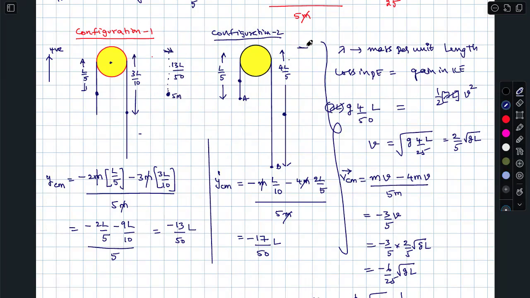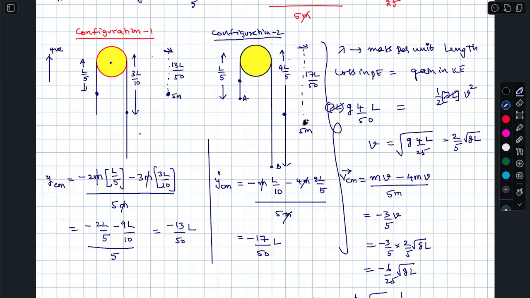Whereas in this case, 5m, at 17L by 50. Now you see, in this configuration the entire mass 5m is located at 13L by 50.